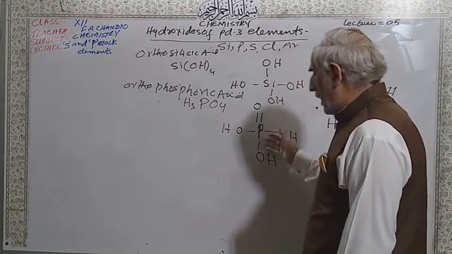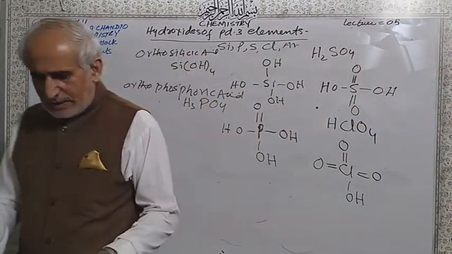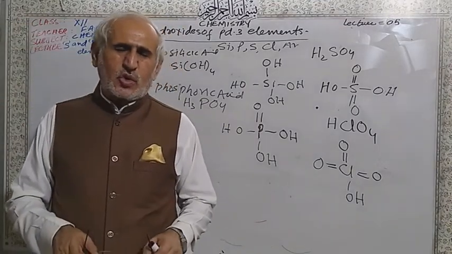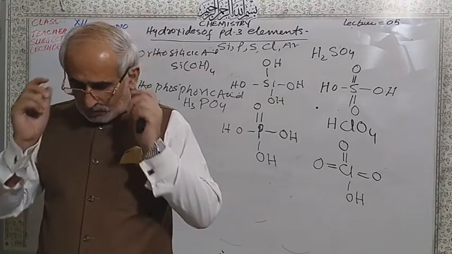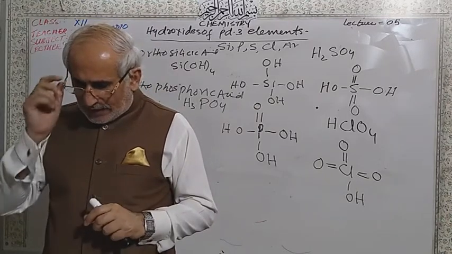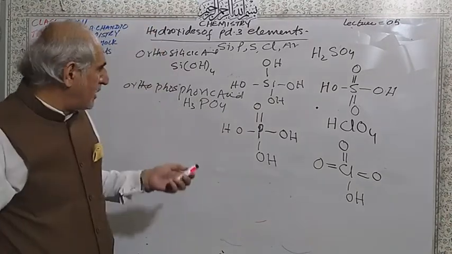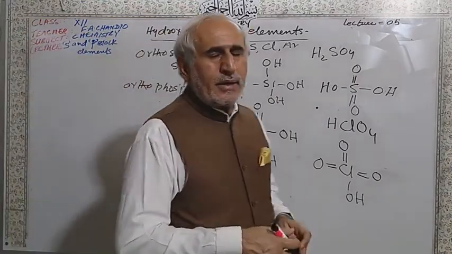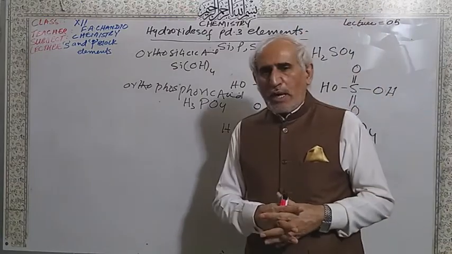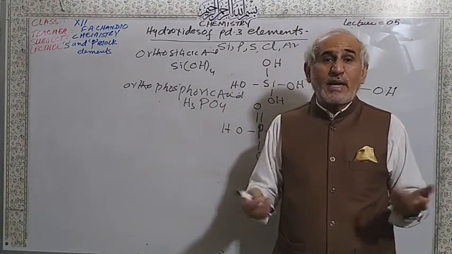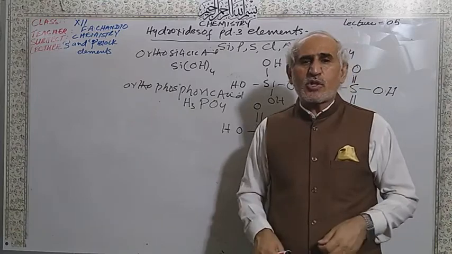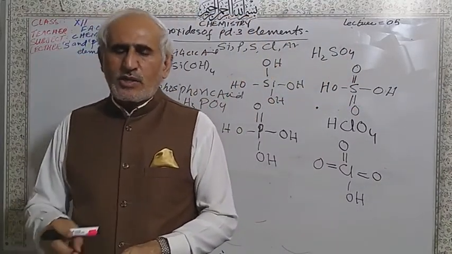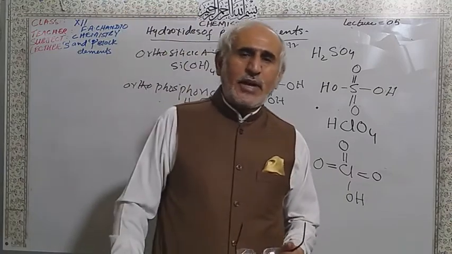If you want to draw the structure of HClO4, chlorine with oxidation state 7, 1 hydrogen so OH is here, and 3 oxygen atoms are here.